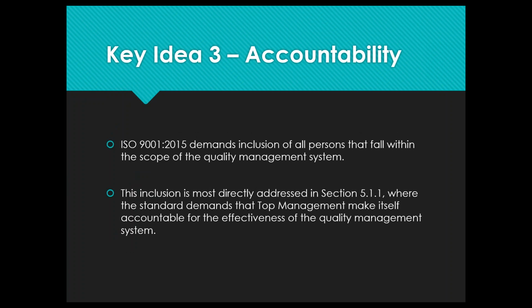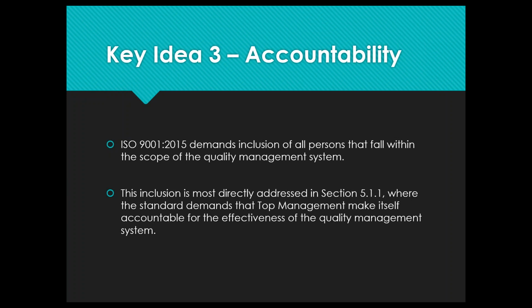The third key idea that I want to discuss today is accountability. ISO 9001:2015 really demands inclusion. It says that anyone that is in this scope is involved. Everybody has a stake, so to speak.